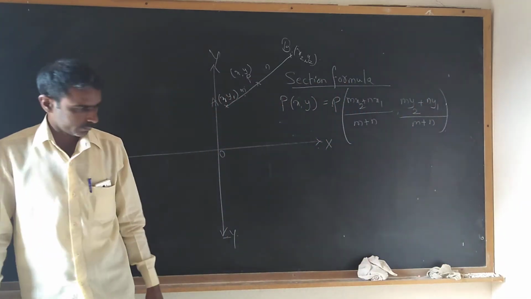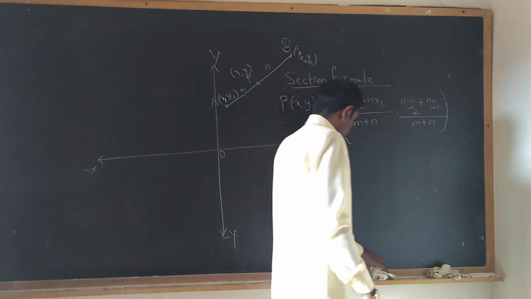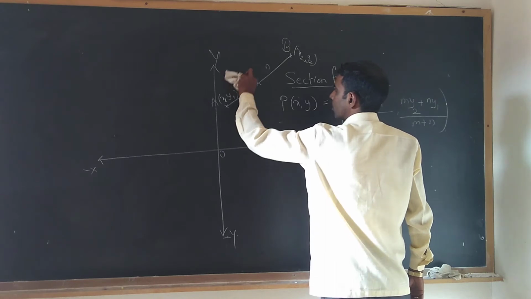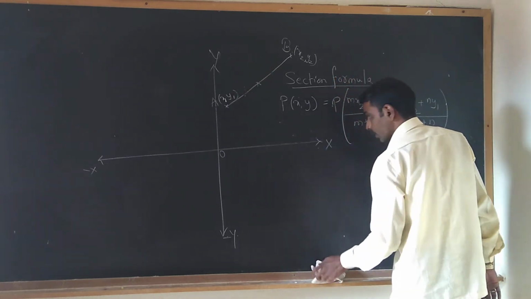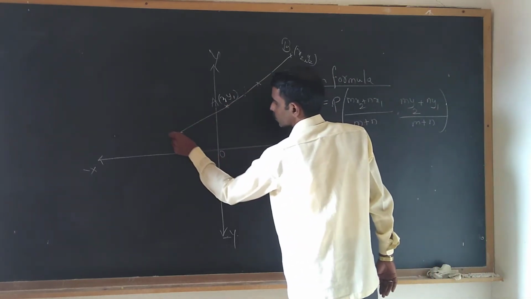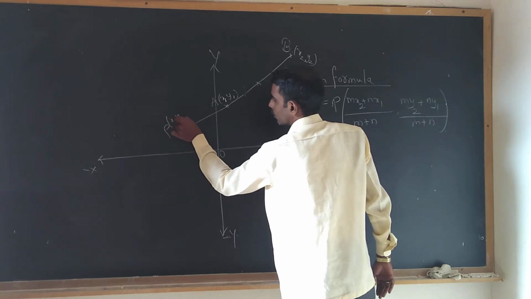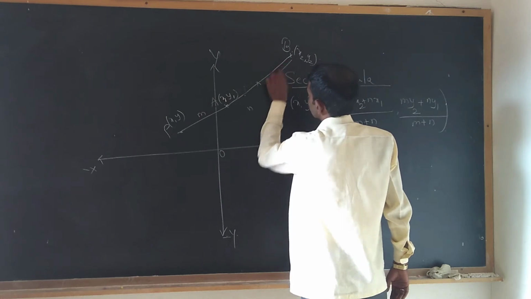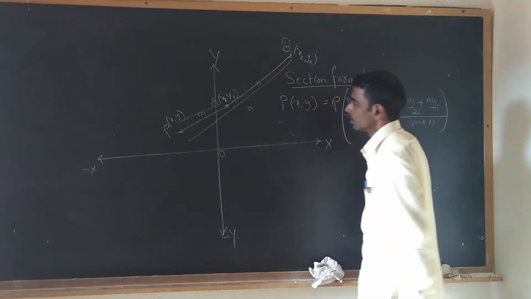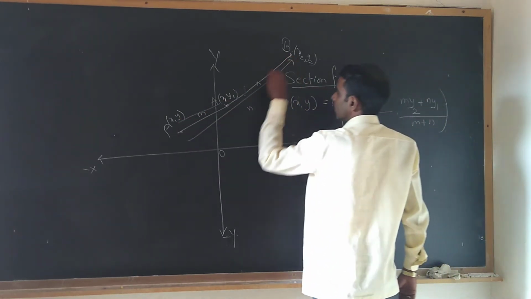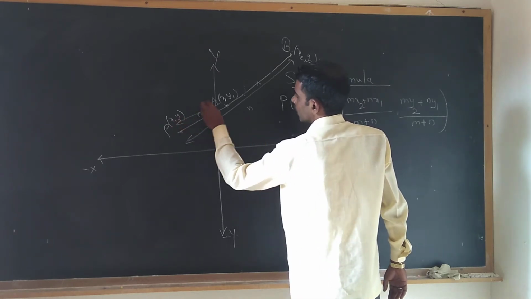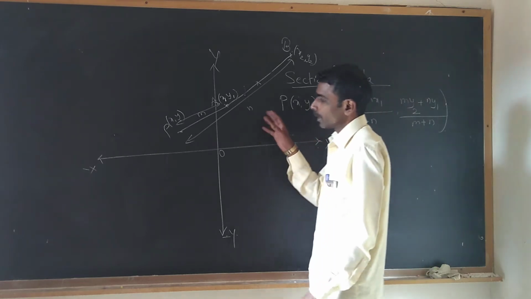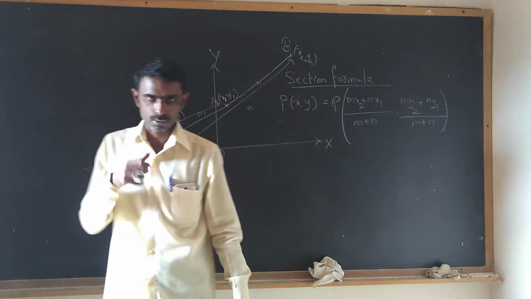Then remember, if this point is not in between A and B, but is outside the join, and it divides in the ratio m is to n, again in the ratio m is to n only, PB is n, PA is m, right? Then this happens to be external division.